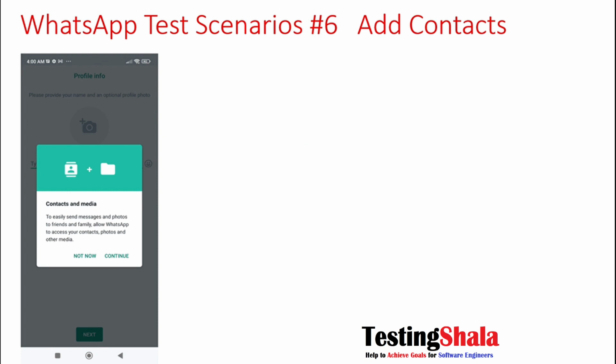Once we are able to validate the phone number, the next step is to try to add contacts into WhatsApp, because initially when you install WhatsApp, nothing will be there. Now there are two validations we should make here: one is yes, I want to add the contacts or media like photos and videos, or I don't want to do that now.